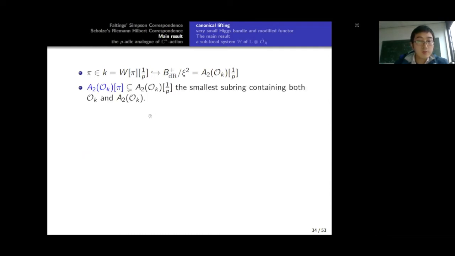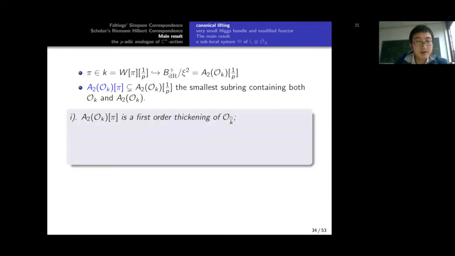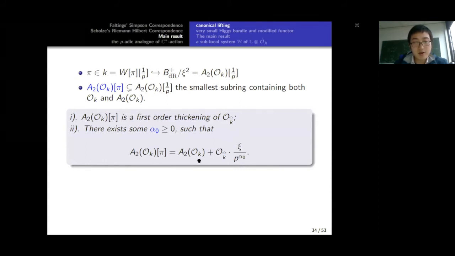And then we get a subring A_inf(O_K, pi), which is the smallest subring containing both O_K and A_inf(O_K). And this A_inf(O_K, pi) is also a first order thickening of this O_K bar hat. And one can find some alpha 0 such that this A_inf(O_K, pi) is just equal to A_inf(O_K) plus O_K bar hat multiple C over P to the alpha 0.